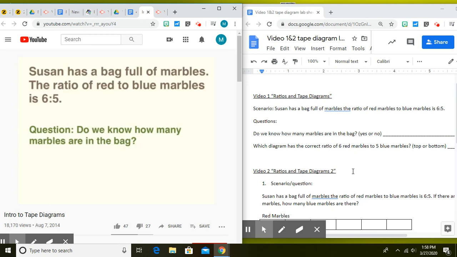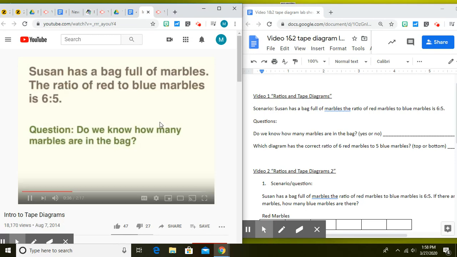Now before we get into the tape diagrams, I want you to just ponder a quick question. Do we know how many marbles are in the bag? What do you think? If you're doing the worksheet on the computer, you could just simply bold whatever you think the answer is.